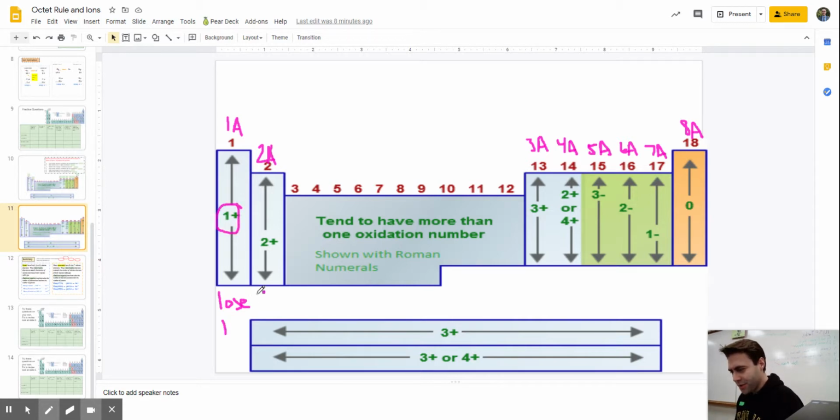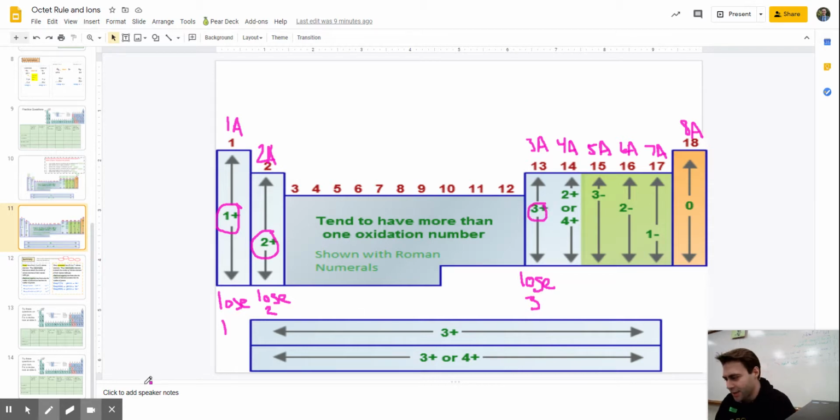The atoms in group 2 want to lose two electrons, and they will become a 2 plus charge, okay? The atoms in group 3A will lose three, and they will become a 3 plus charge.